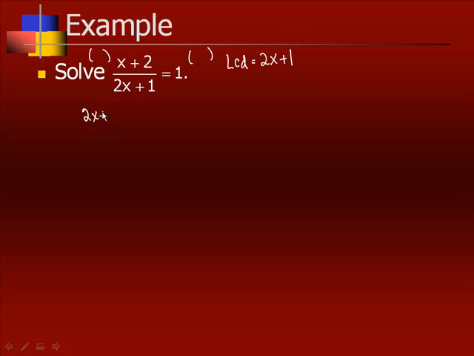So we've got (2x + 1) times (x + 2)/(2x + 1) equals 1 times (2x + 1). On the left side, the 2x + 1 in the numerator and the denominator cancel, so we get x + 2. On the other side, we get 1 times 2x + 1, which is 2x + 1.